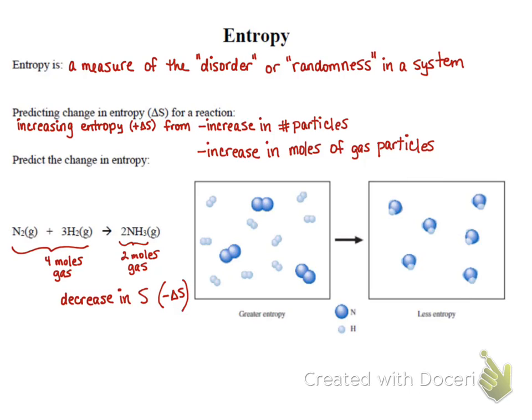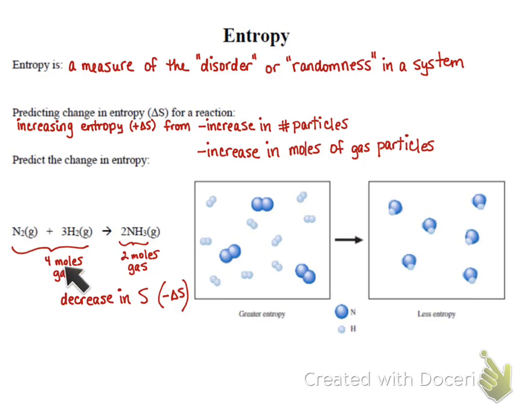So for example, we have this reaction, nitrogen plus hydrogen gives us ammonia. If we count up moles of a gas on both sides of our equation, on the left we've got 1 nitrogen plus 3 hydrogens, 4 moles of a gas. And then on the right we have 2 moles of ammonia, so 2 moles of a gas.